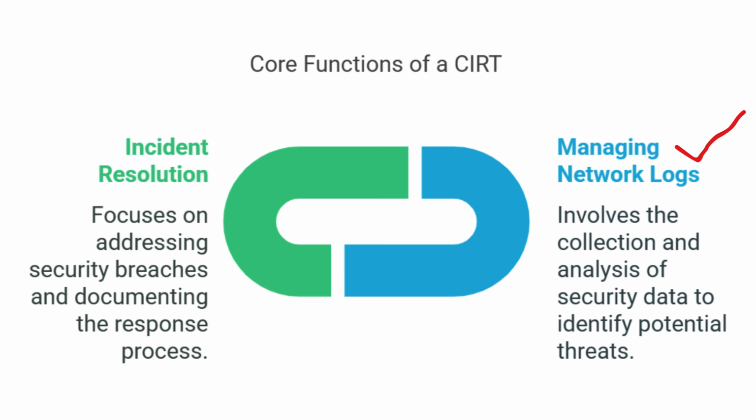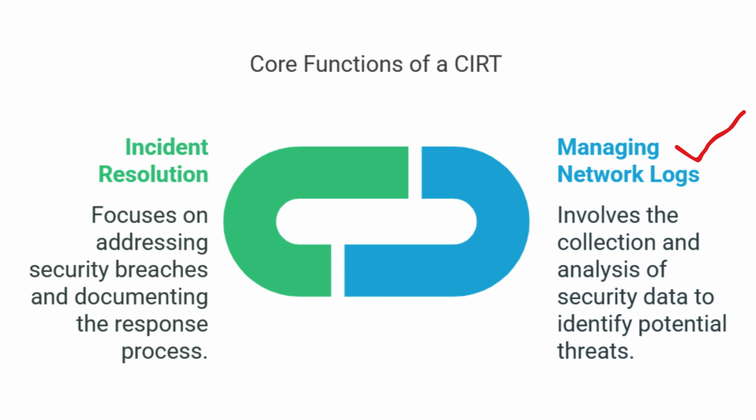Reviewing logs for suspicious activity, for example, unauthorized login attempts or unexpected file transfers. And ensuring compliance with legal and regulatory requirements for log retention. For example, if an attacker gains access to a company's internal network, reviewing VPN logs, firewall records, and IDS alerts can help trace their actions and identify compromised systems.